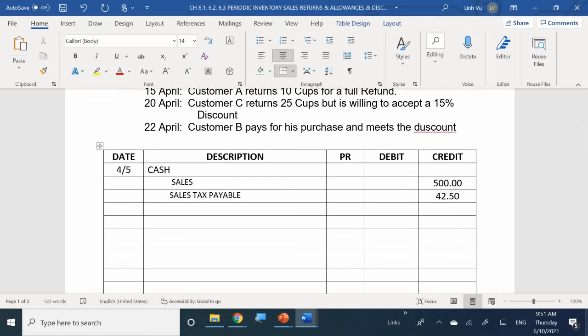So in grand total, how much cash are you actually receiving from customer A? $542.50. Okay. And if you want to put a note here that you sold to customer A, you can do that too. I could say I sold 100 cups to customer A. Pretty straightforward, right? Perfect, good.